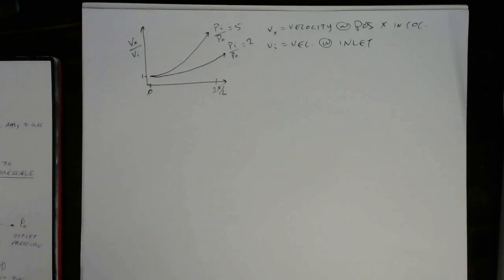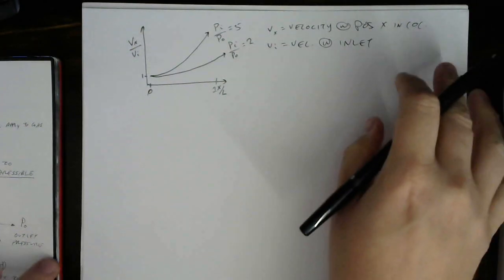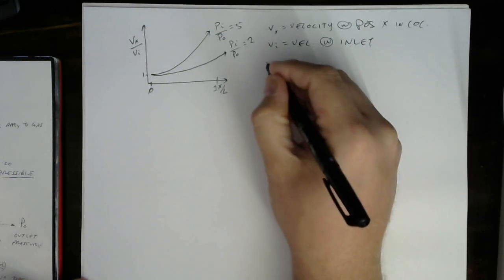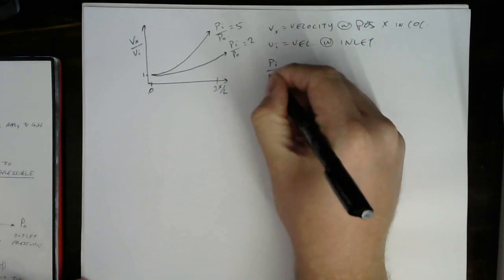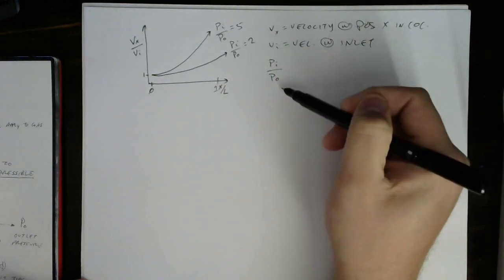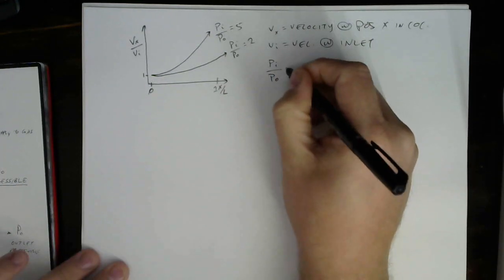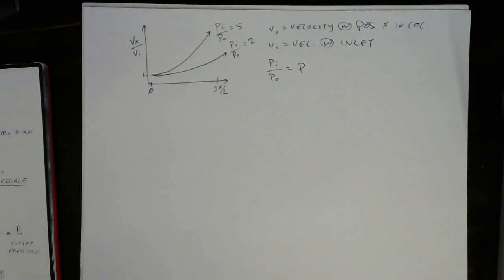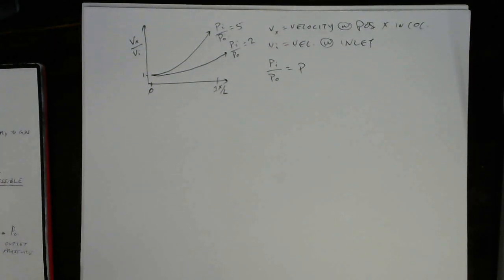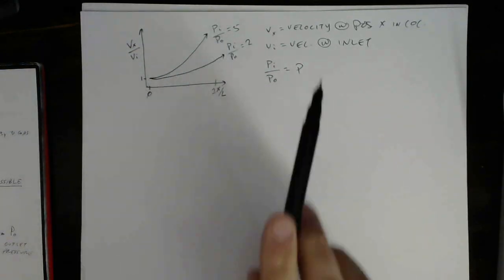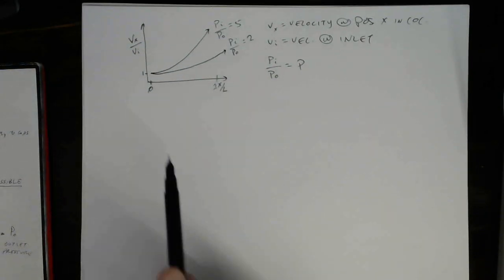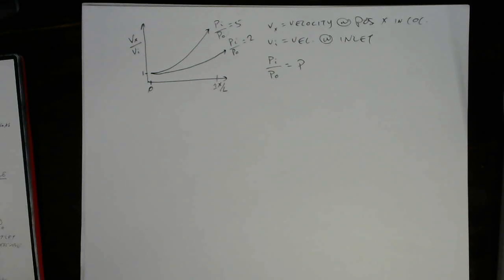And we're actually going to use this in the next equation, so we're going to give this a definition: this Pi over P0, the pressure at the inlet over the pressure at the outlet, we're just going to call this P for pressure. Okay, so the take-home message here: higher inlet pressures cause this nonlinearity in the velocity profile to be exaggerated.